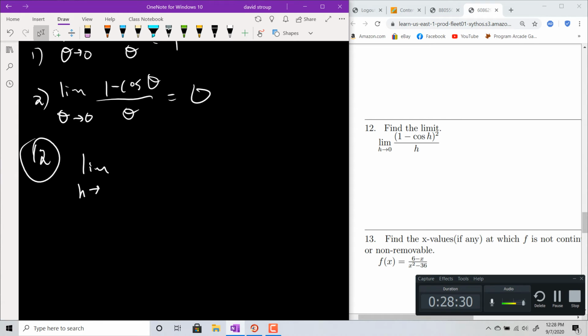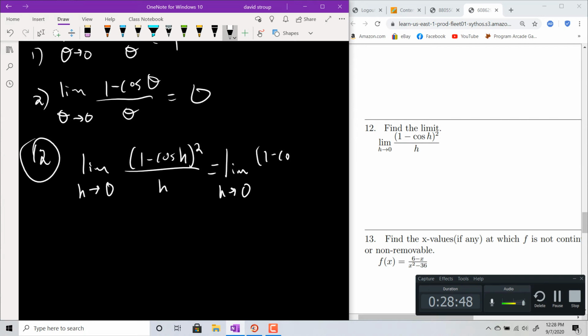So here we have h as our variable: 1 minus cosine of h, squared, all over h. We can't just immediately presume that it's equal to 0, right? That's not true. You need to factor it and take a look at the pieces.